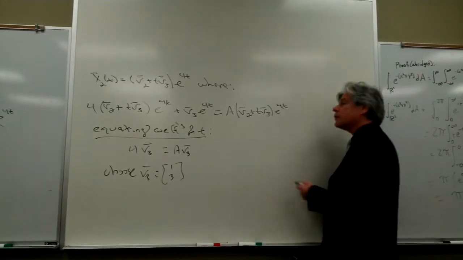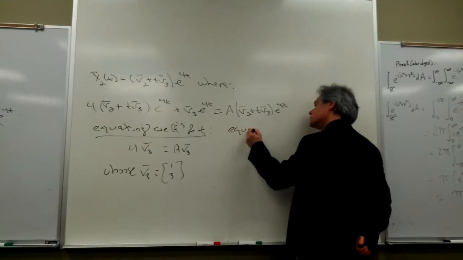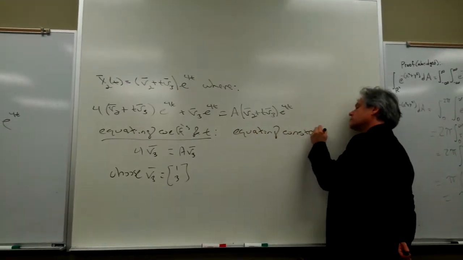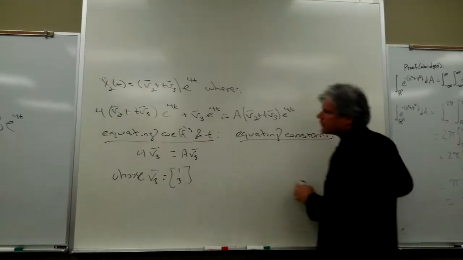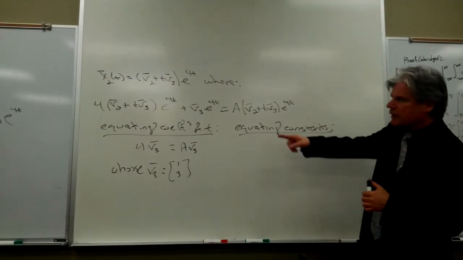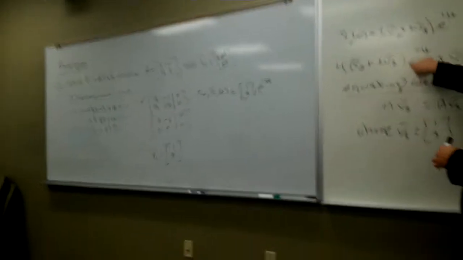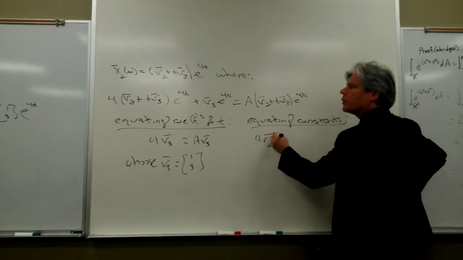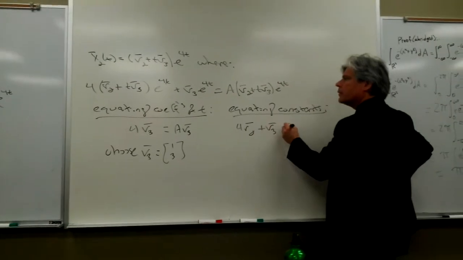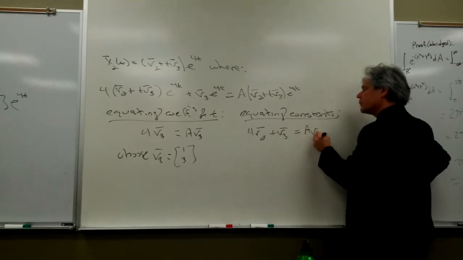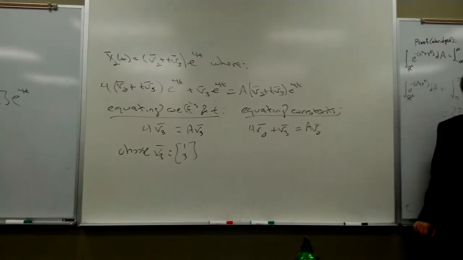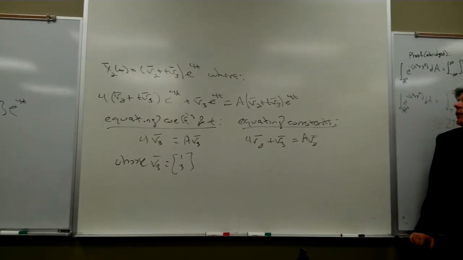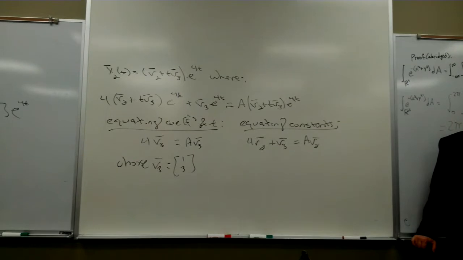And I think equating constants, I think what this is going to give me is, again, I don't know, you guys. Can I take a peek? Dividing both sides by the exponential factor, is that a 4V2 bar plus V3 bar being equal to A times V2 bar? You know, I know we're coming to the end of the semester, but I'll say it again.